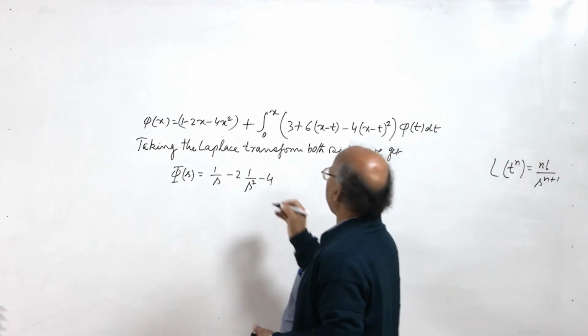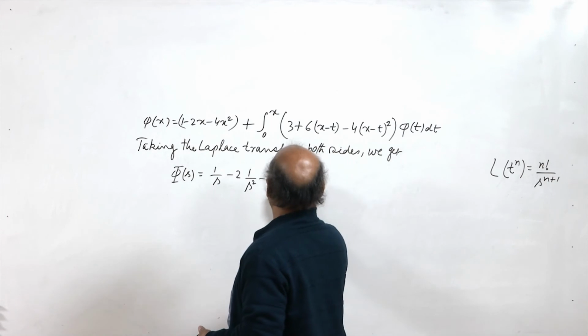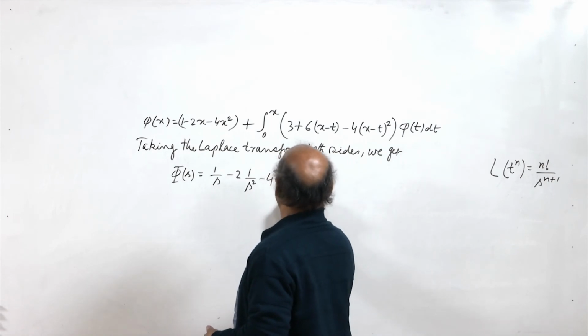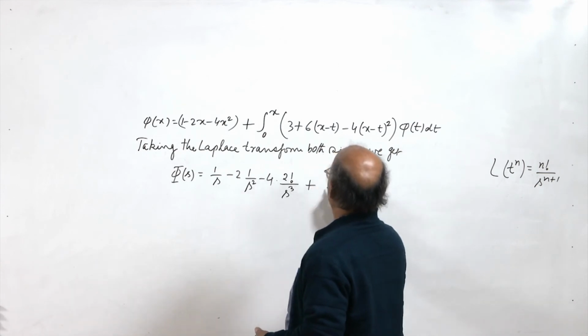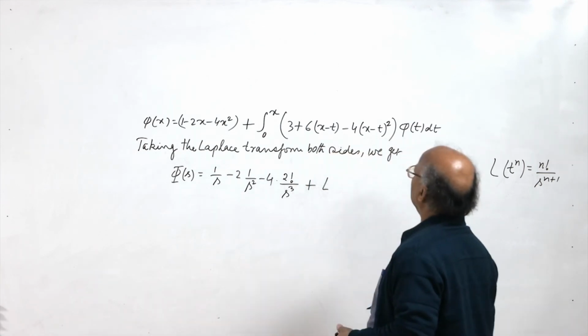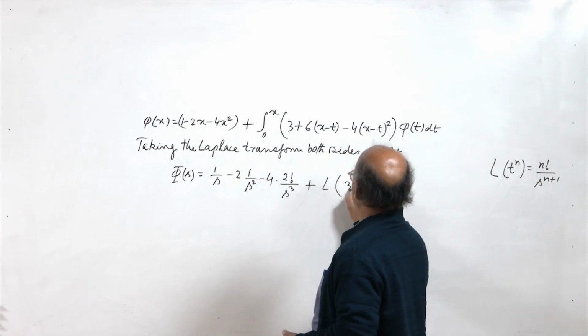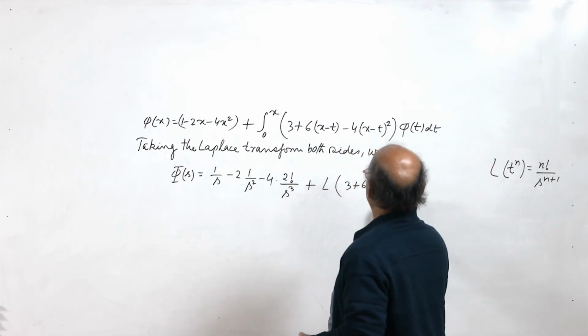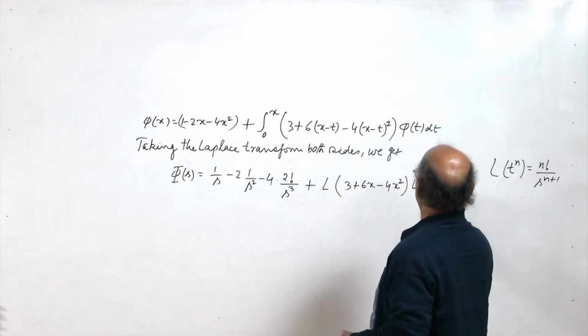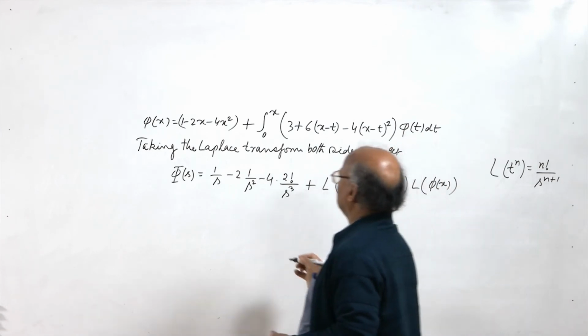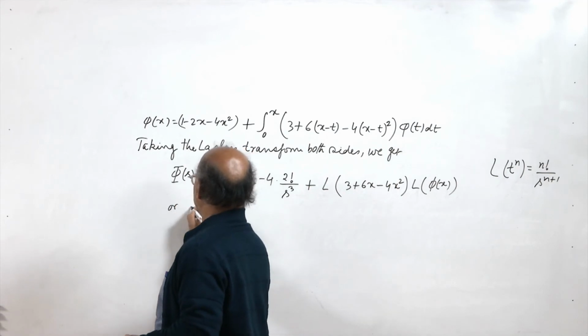So the Laplace transform of x square is 2 factorial divided by s to the power 3, plus the Laplace transform of this convolution. So the Laplace transform of 3 plus 6x minus 4x square into the Laplace transform of phi x.